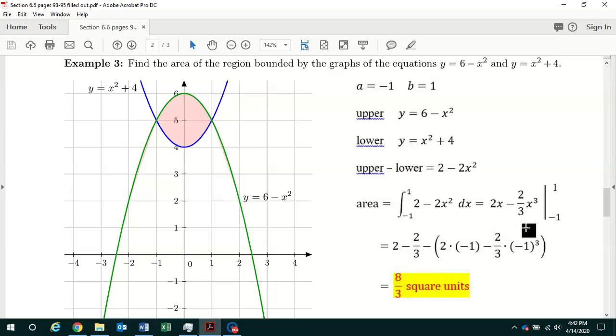Because there are two terms here, when you subtract, put it in parentheses. Otherwise, you'll change the sign of the first term but not the second term. So when we put in -1 for x, we have 2 times -1 minus 2/3 times -1 cubed. Now this is an arithmetic expression, so you have to follow the order of operations, and when you do that, it is equal to 8/3. So the size of this area in pink is equal to 8/3 square units.